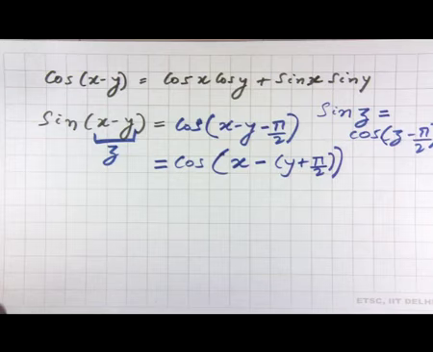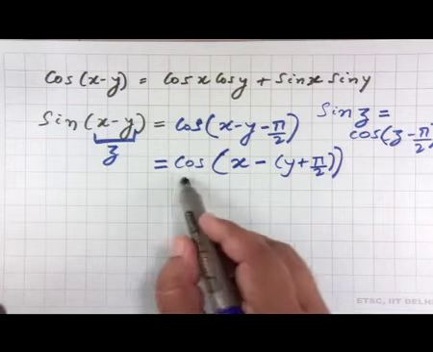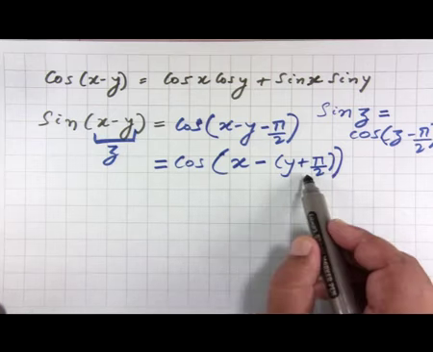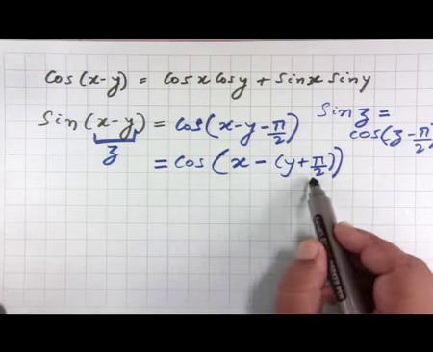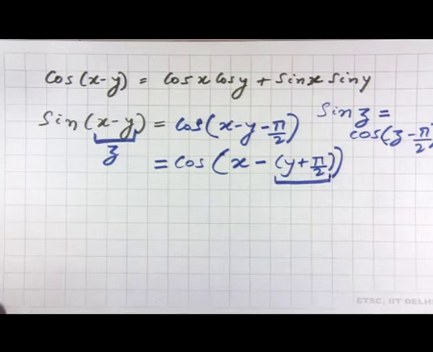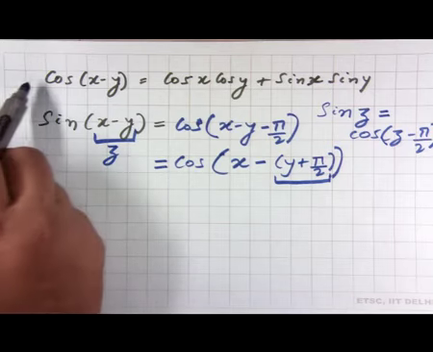Now, if you see, this expression here is of the form cos of a minus b, or cos of x minus y, where I will be treating this as the new y. And then we use this formula.